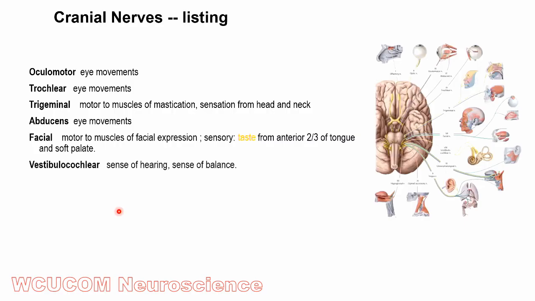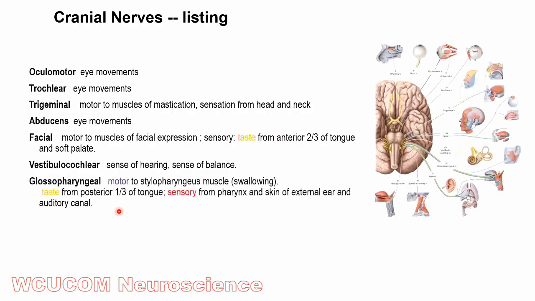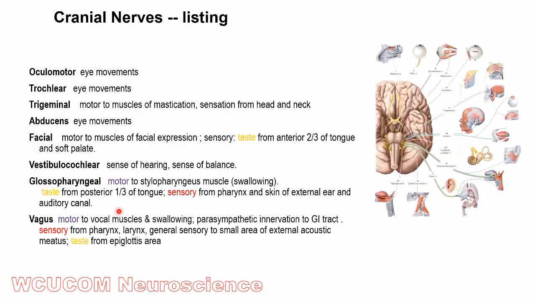All right, so number-wise, again, facial, see what it does. Vestibulocochlear, see what it does, purely sensory. Glossopharyngeal, one of those really complex ones. Vagus, very similarly, and even more so, very extensive peripheral distribution.